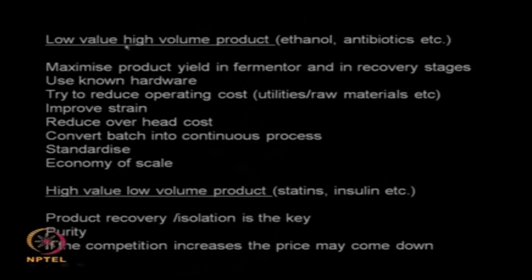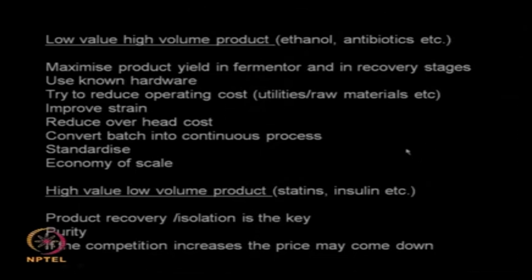Low value high volume products are like ethanol: you make large quantities of ethanol but the cost of ethanol is cheap. Same thing, nowadays many antibiotics are made in large volume and the cost is very cheap. All this penicillin and different types of penicillins are all made in large volume.